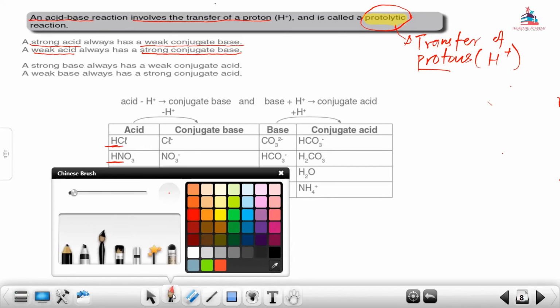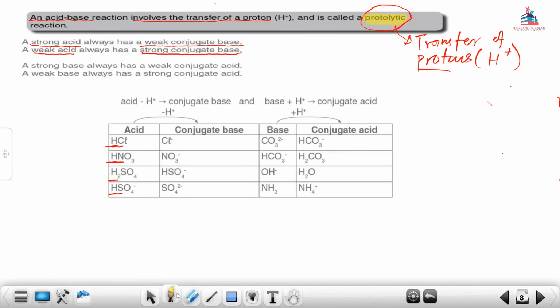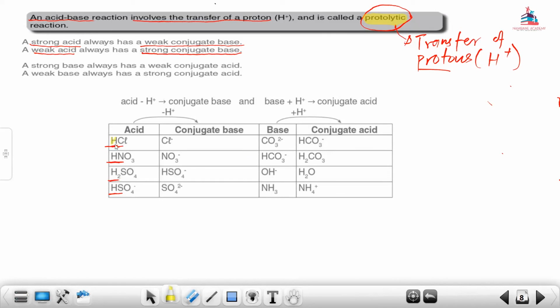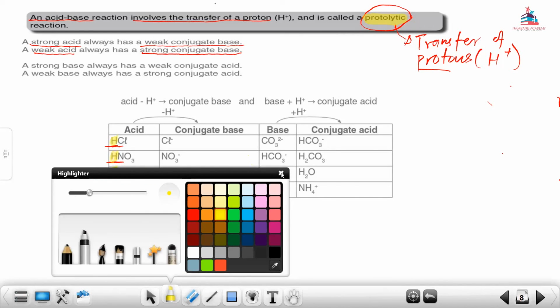So the emphasis here is that an acid is going to donate a proton. And once it is donating a proton, which is hydrogen, hydrogen, and two hydrogens in this case, and one hydrogen, whatever is left after donating is what we call a conjugate base.